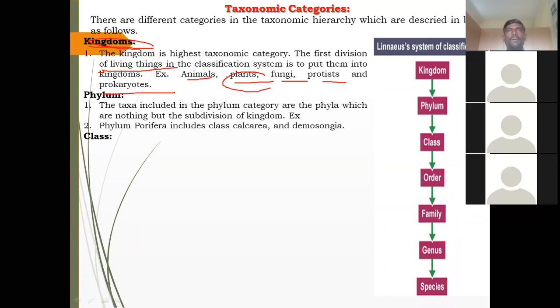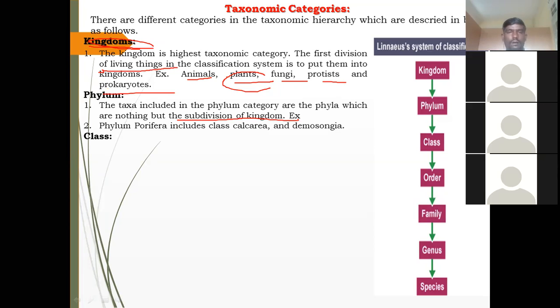But after the division, we find some dissimilarity. There is some difference again. So at that time there also shows some dissimilarity. So using these characters, you can again separate out. We have to separate again. Subdivision of kingdom Animalia.